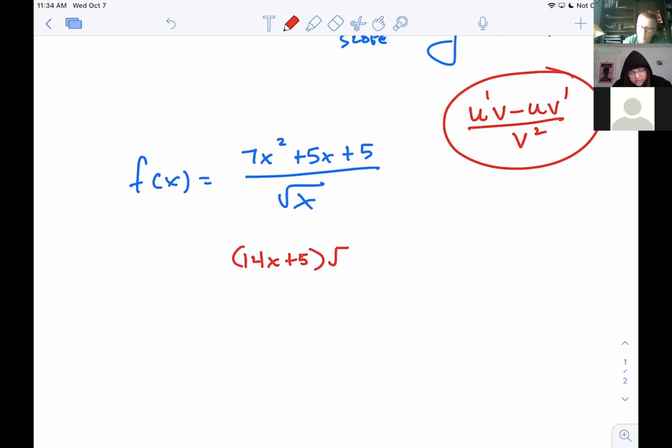I agree. And then you just differentiate normally, and the square root would be x to the 1/2.